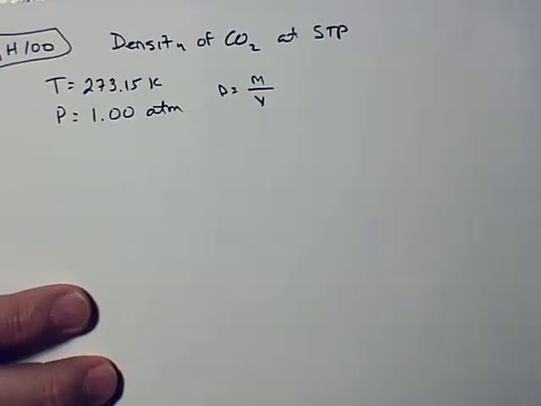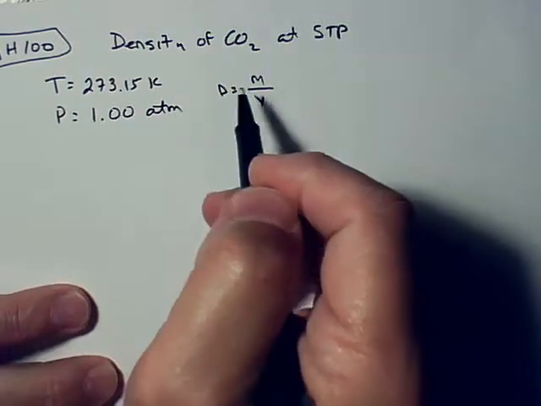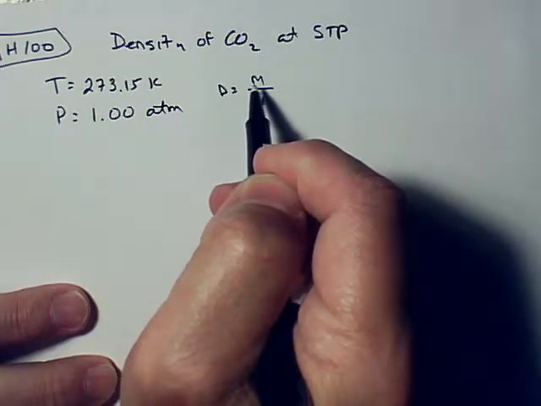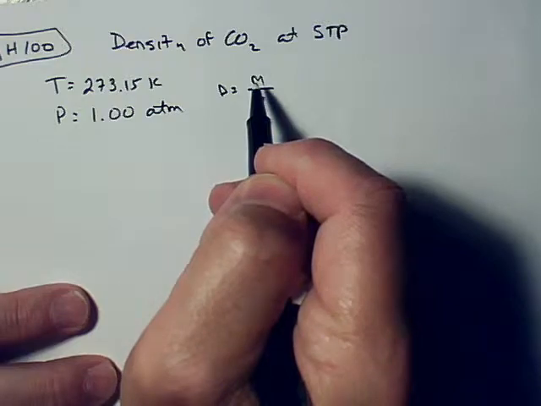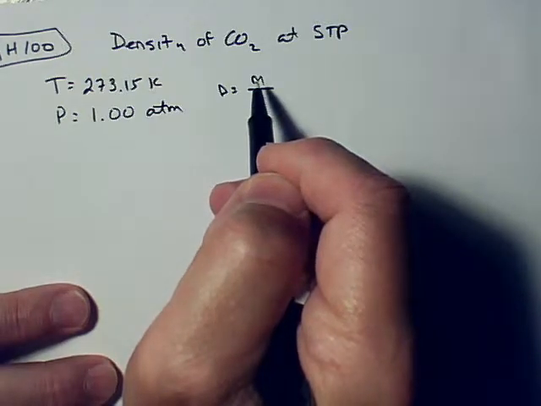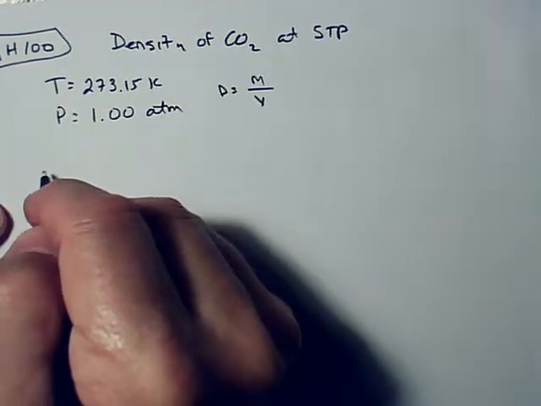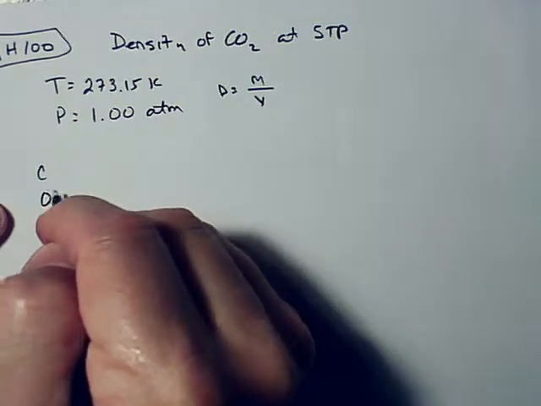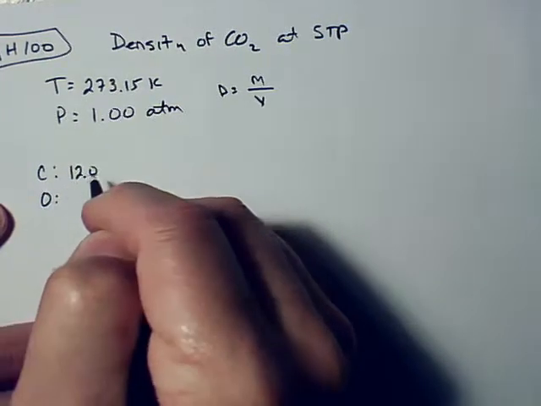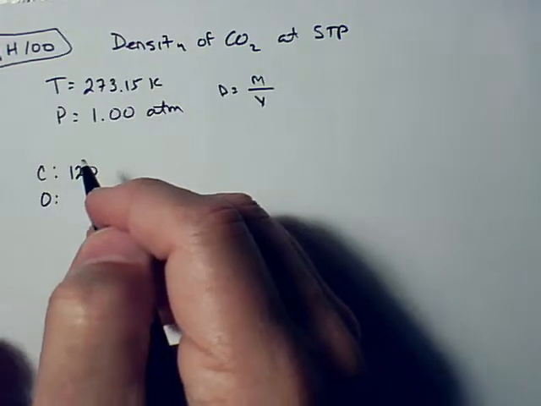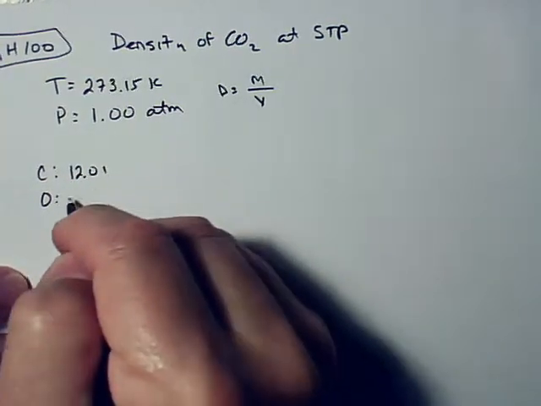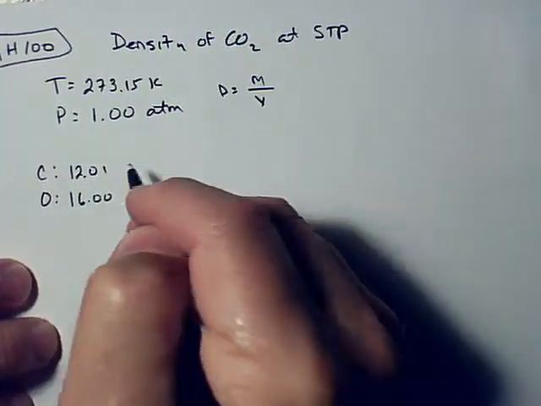Let's see. If we knew the molar mass of CO2, we could find its number of moles, couldn't we? Yes? Let's do that. On your periodic table, carbon is 12.01 and oxygen is 16.00.